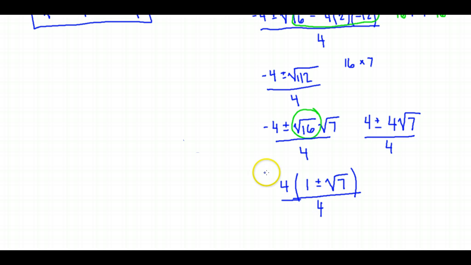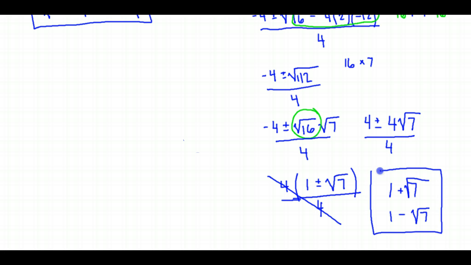And that gives me the ability to cancel out the 4's. So when this is all said and done, the solution is 1 plus the square root of 7, and 1 minus the square root of 7. There's your two values for x.